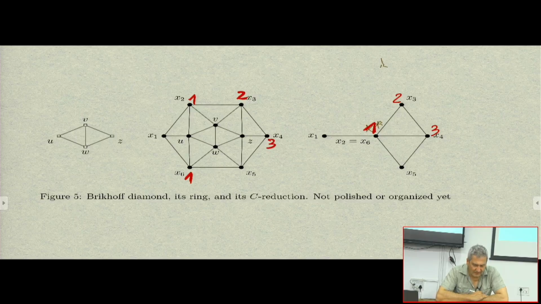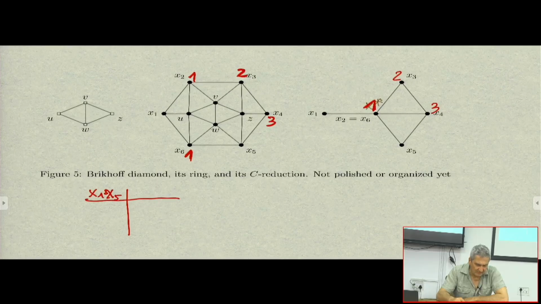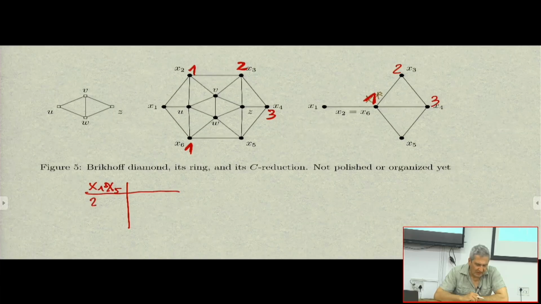Now for x1 and x5 here we have several possibilities. x1 can be colored 2, 3 or 4.